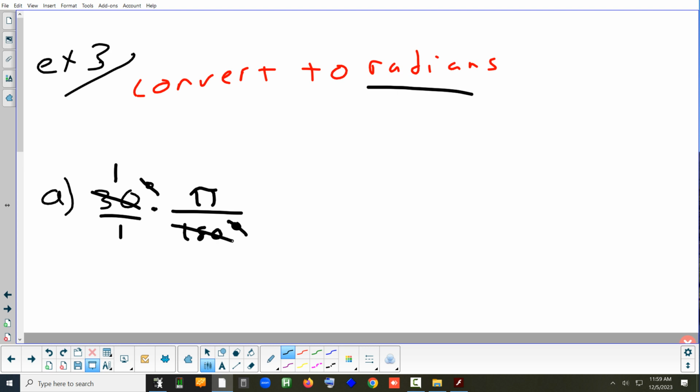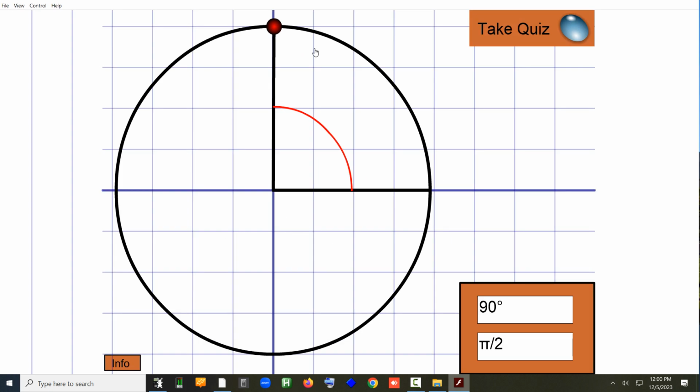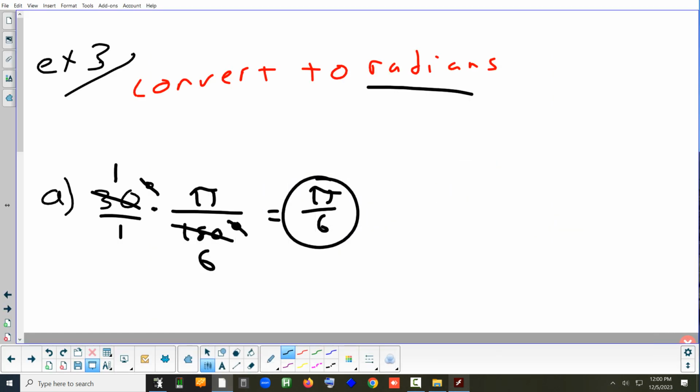And into 180? 6. So what are we left with for a numerator and denominator? Pi over 6. And if you look at what happens when you go to 30 degrees, it's exactly what it says, pi over 6. Okay, so that's one converting.